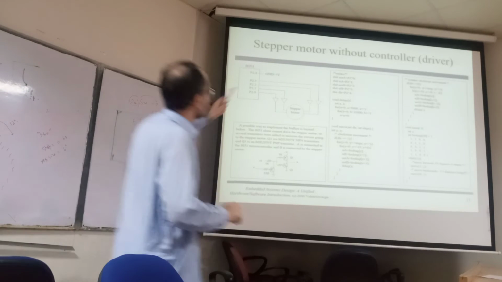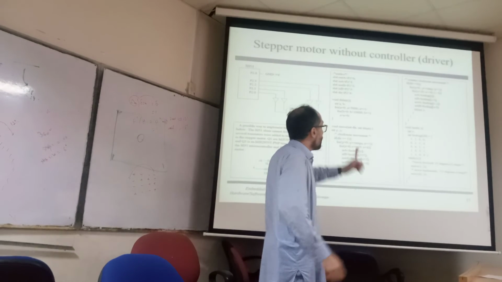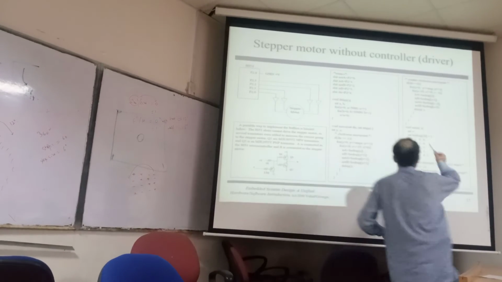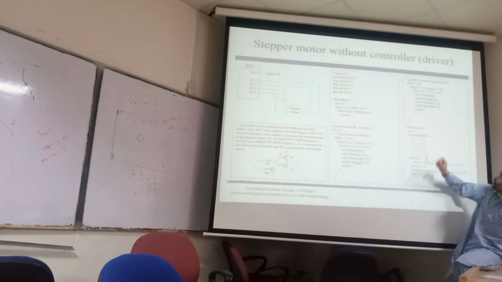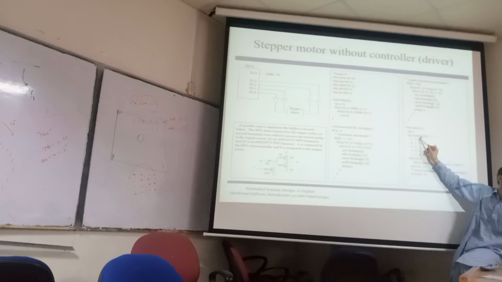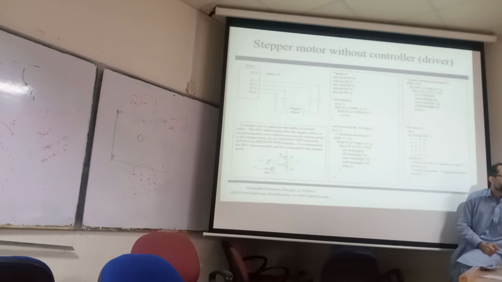this is a stepper motor without controller. Now, if you look at this code, there is a lookup table with 20 values. Why are there 20 values? 20 steps.